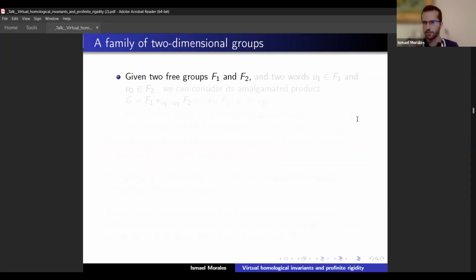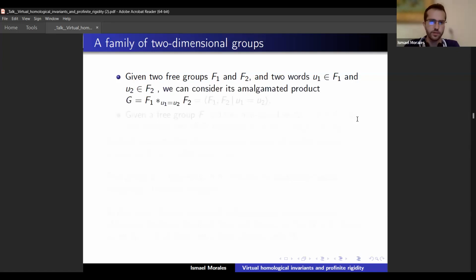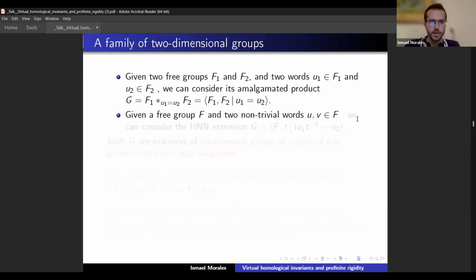Given two free groups, F1 and F2, and two words, U1 and U2, we can consider the amalgamated product. We know it's presented in this way, with just one relation. And similarly, given a free group and two non-trivial words, we can take the cyclic HNN extension along those subgroups.